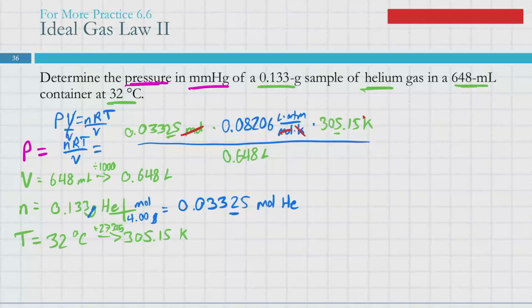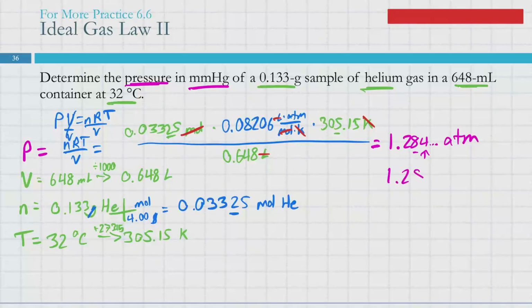I'll skip us running through everything that cancels because it cancels. And we'll end up with some unit of atmospheres. So we get 1.284 and change atmospheres.